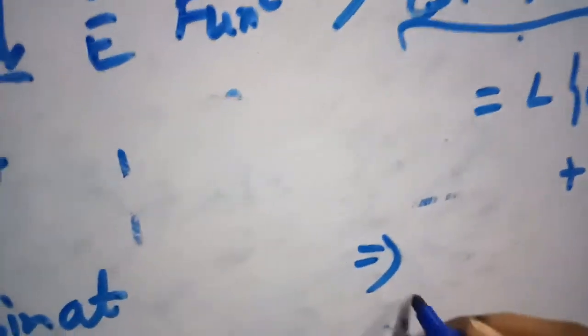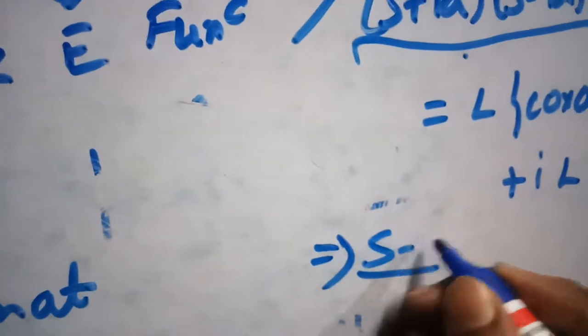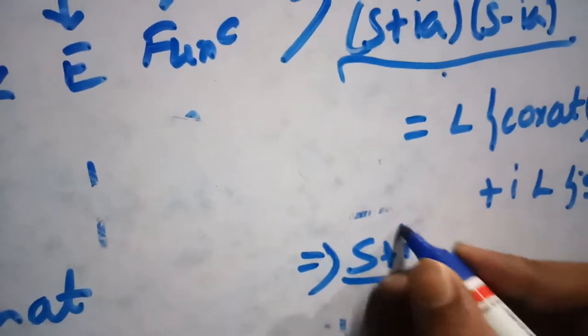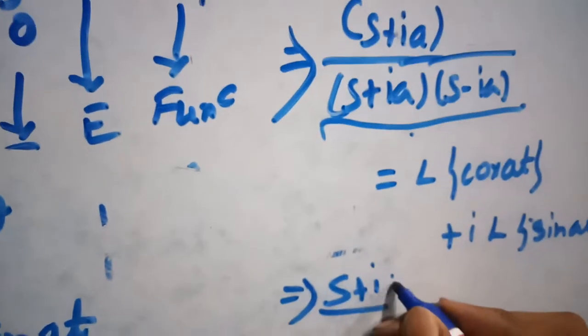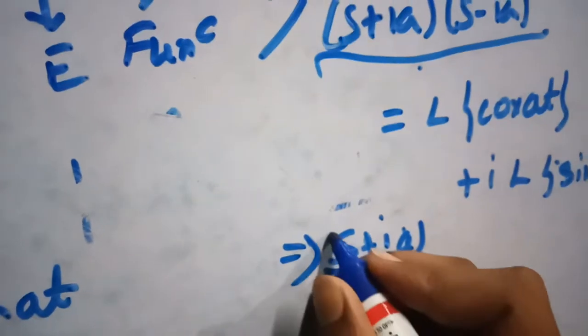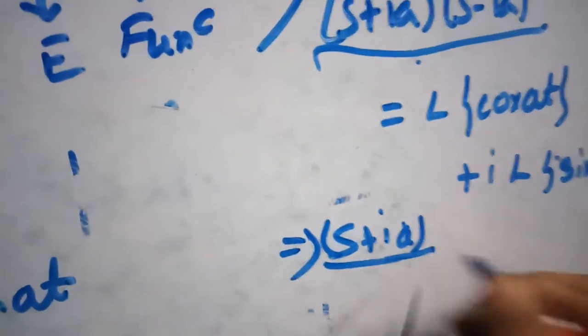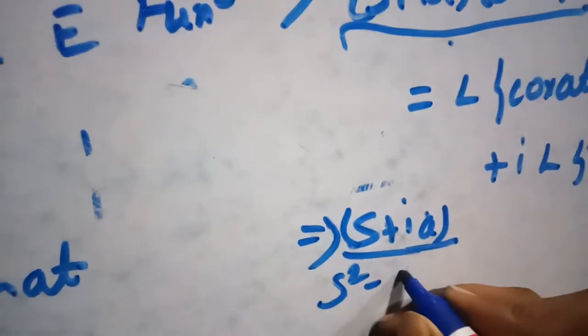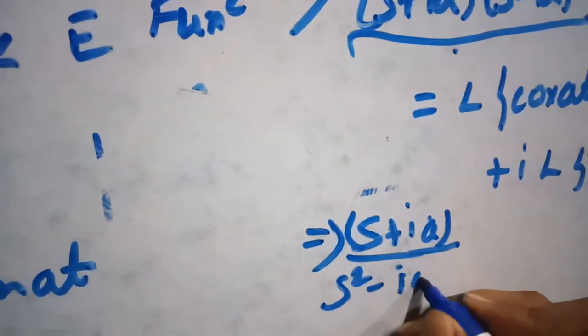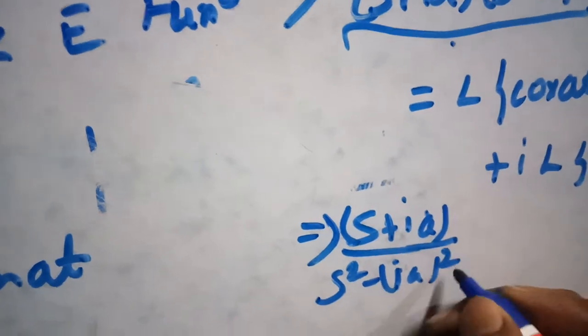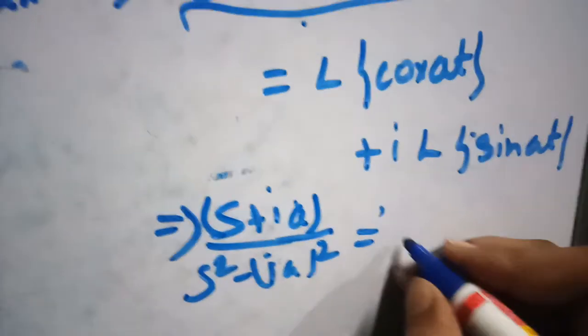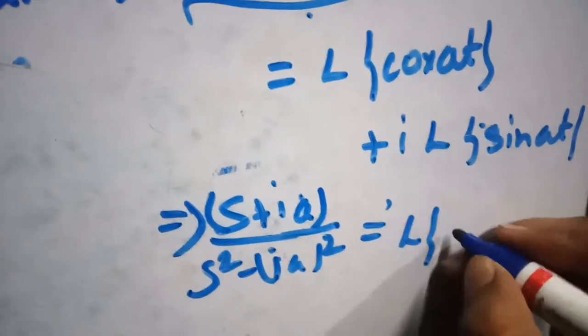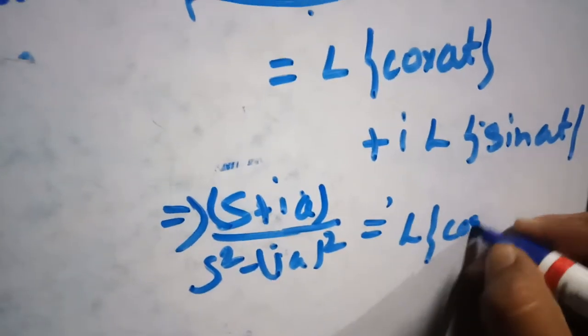By this I can write s plus i a in the numerator, and in the denominator s square minus (i a) whole square, and the right side should be the same.